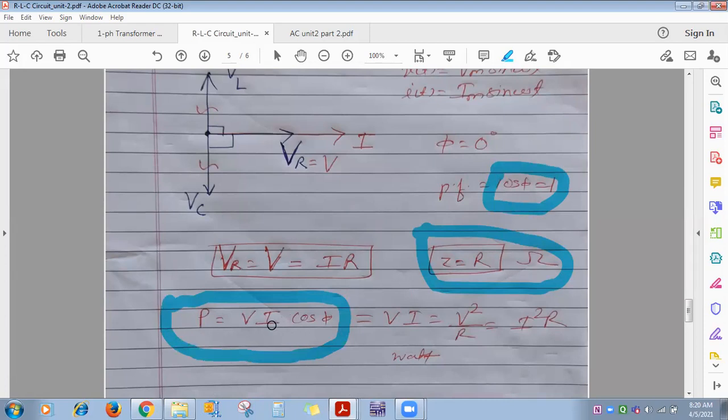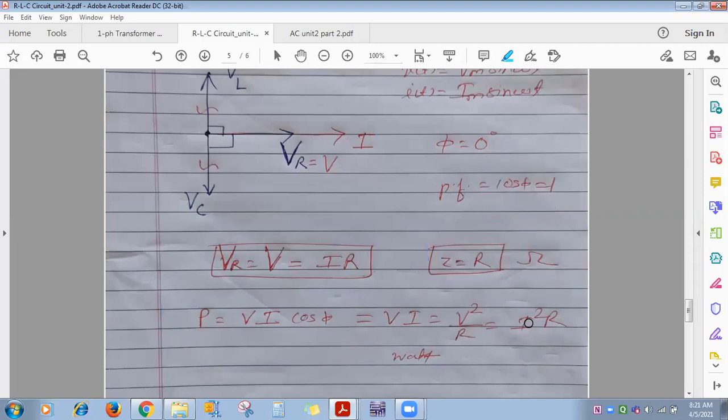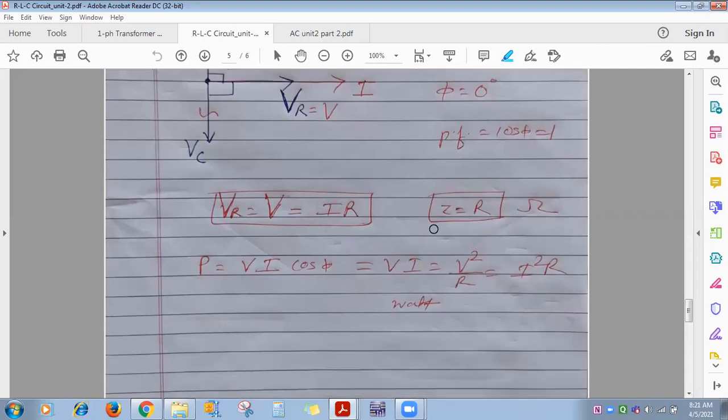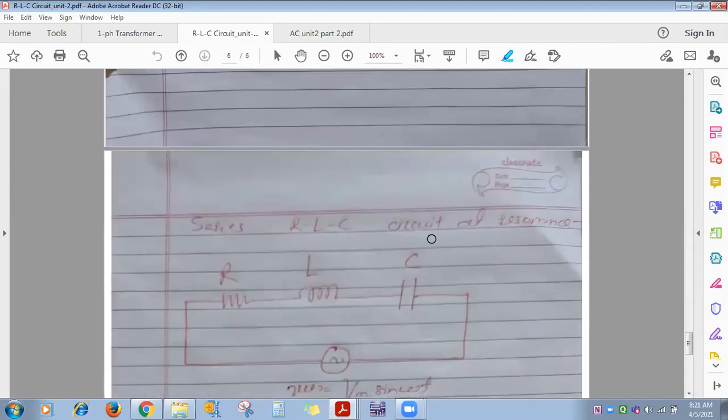Cos phi here is 1, so it will be V into I. And if you put I here, you will get V square by R or I square by R. Any of it you can use, and it is in watts. Okay. Any difficulty up to this? No, ma'am. Okay. Can we go for next?